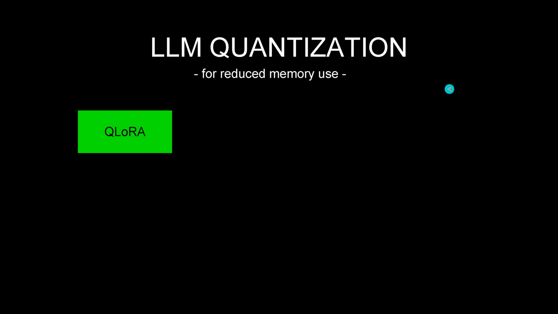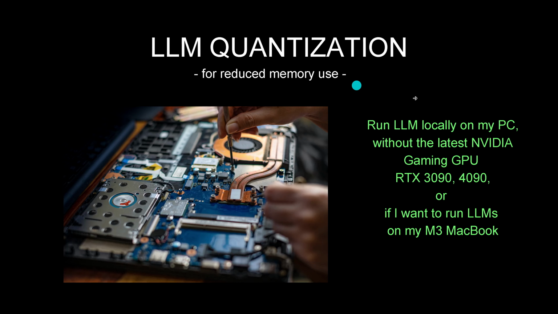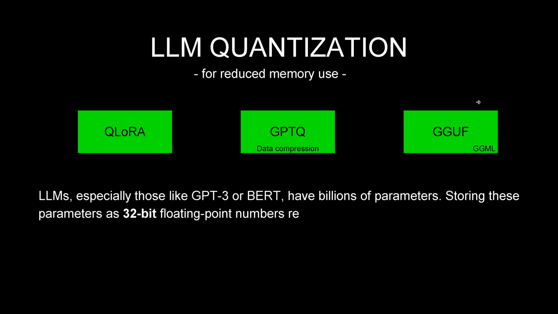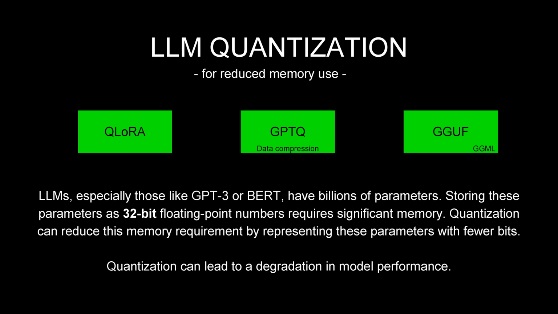Now, in general, we have 3 different ways to do LLM quantization on a professional level. You know QLoRA, this is what I already showed you. Then we have GPTQ and we have GGUF. Now, what is quantization? Why do we need it and how does it reduce our memory footprint?